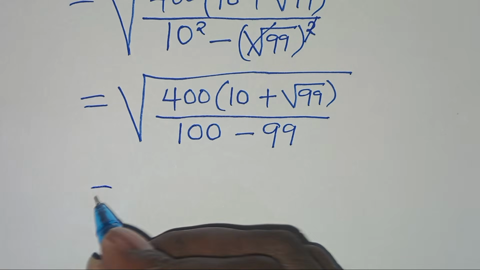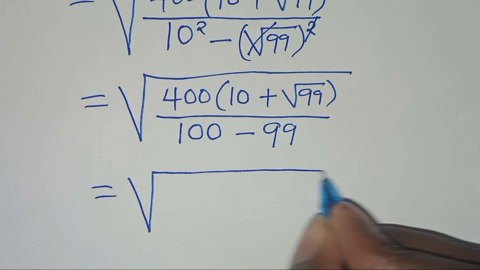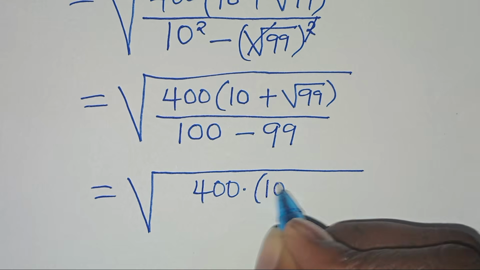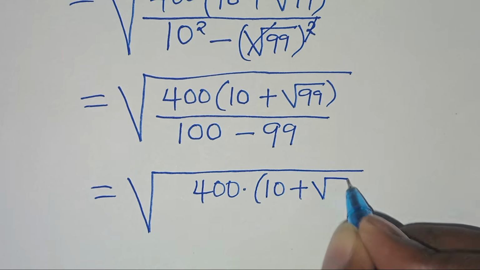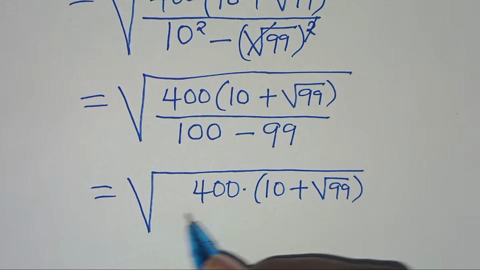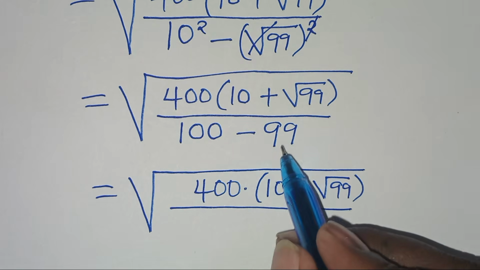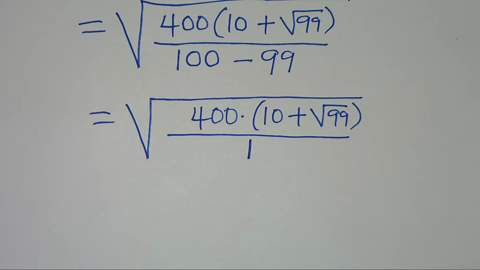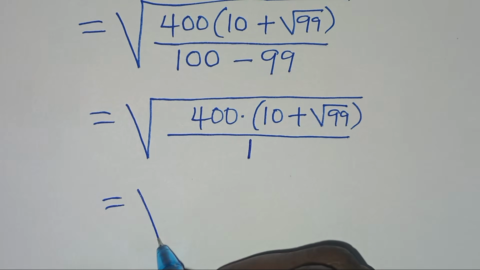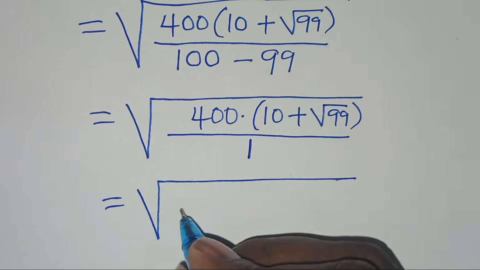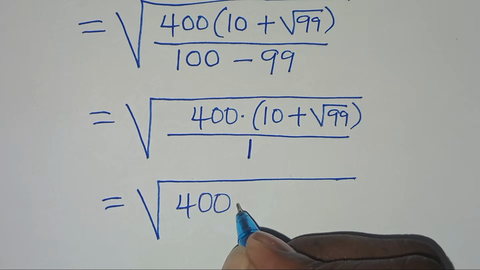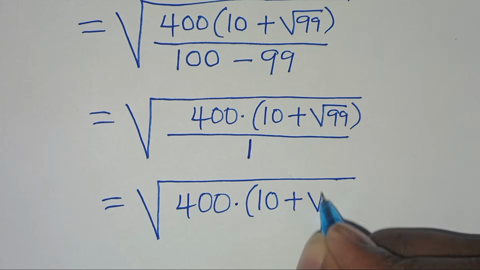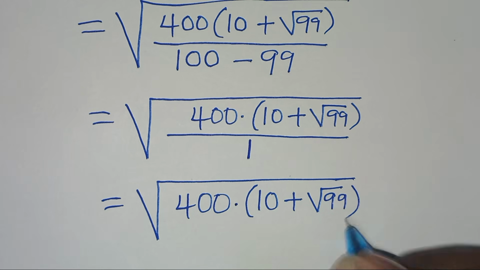So this implies that we have the square root of 400 multiplied by 10 plus the square root of 99, divided by 100 minus 99, which is 1. Now the next step is that here we have the square root of 400 multiplied by 10 plus the square root of 99.